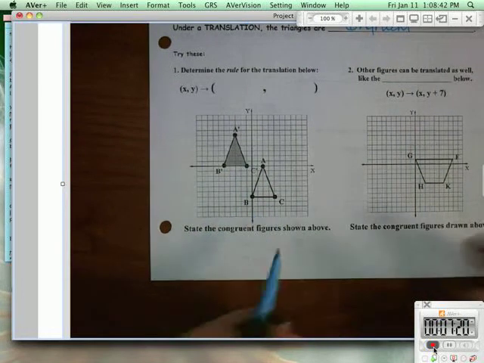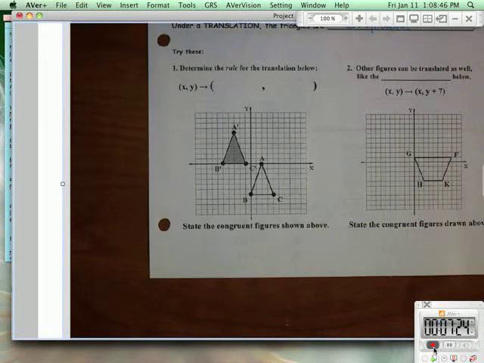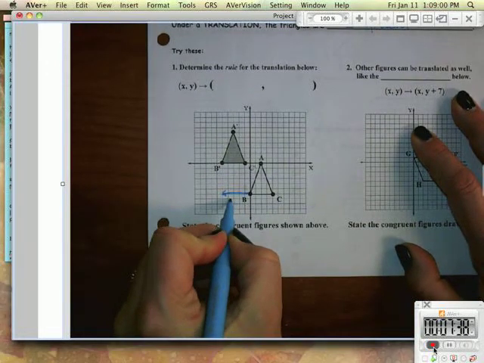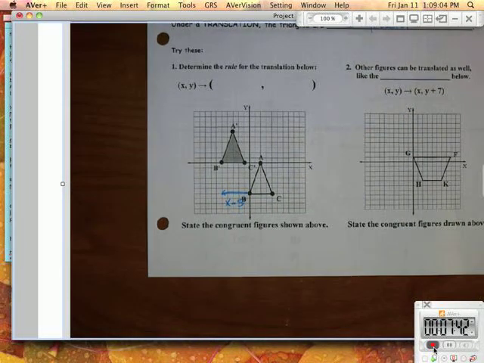So, here's what you do. All you do is pick one point. I think it would be easiest to see from B. Let's pick B. And say, okay, from this B to this B, I went to the left 5. So I'm going to draw that. I have to take away 5 from my x coordinate. I got to subtract 5.